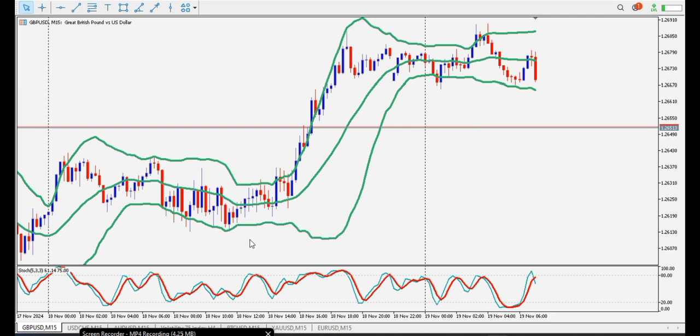We want the price to come to the Bollinger Band like this, to the higher part of the Bollinger Band, which is the upper band, and you also want to see that your stochastic is above the 80 line level right here. You want to make sure that your stochastic is above the 80 line level and the price action is at the upper band of the Bollinger Band. Then you want to be looking for what? A sell. You want to be looking for a sell in the market.